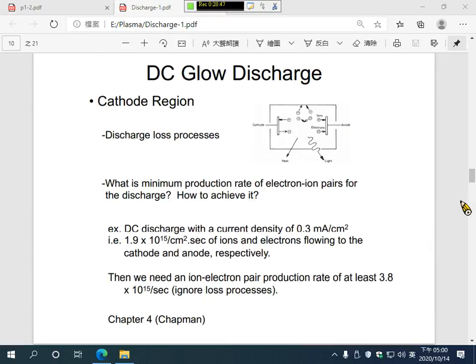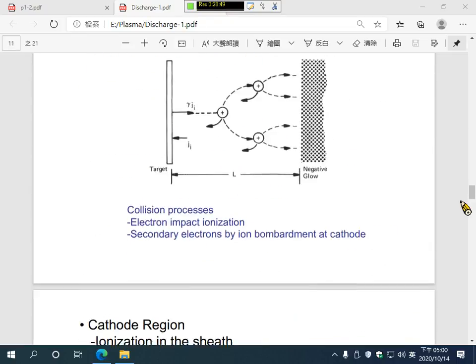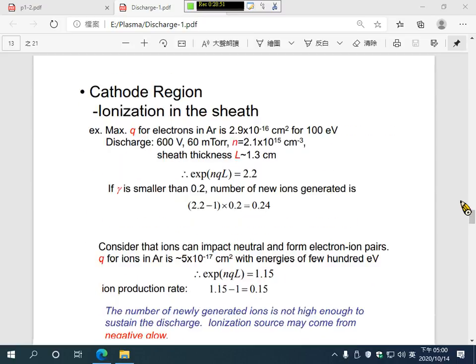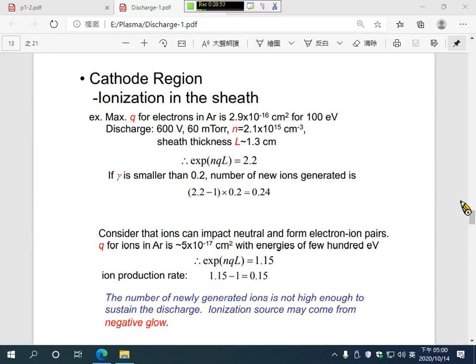N is the density of the plasma, around 2.1 times 10 to the 15 per cubic centimeter.